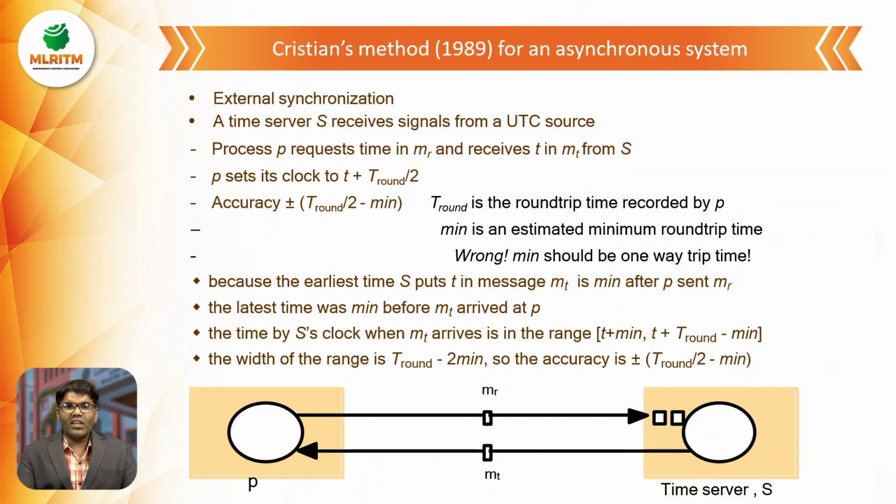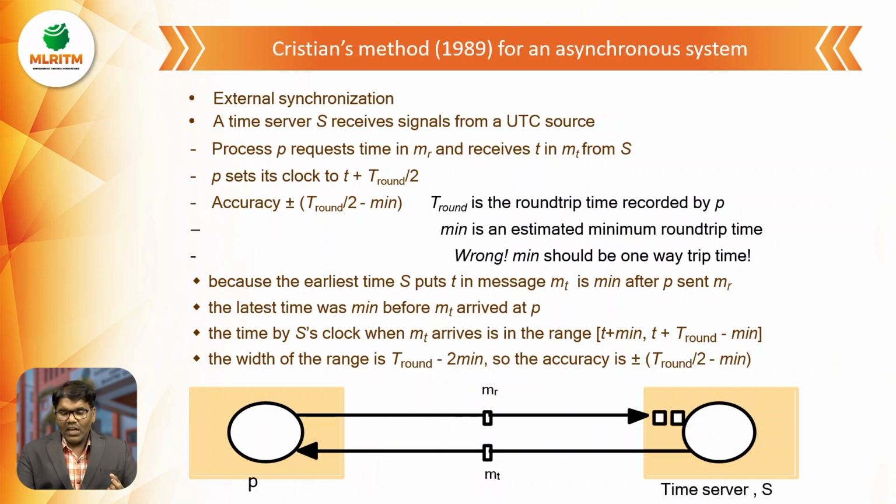A process P requests the time in message mr and receives t in message mt from S. Here S means server and P means process. Process P sets the clock to t plus T_round by 2.